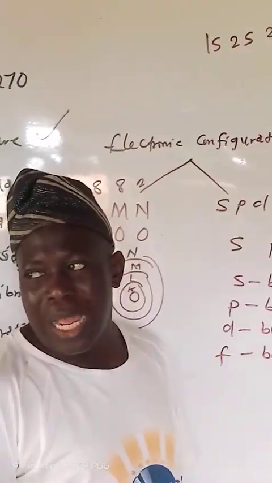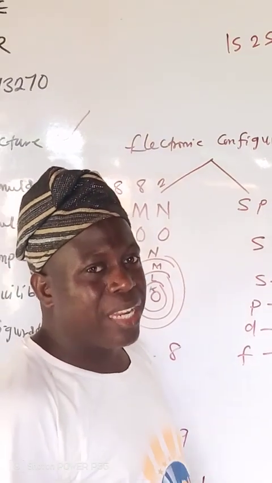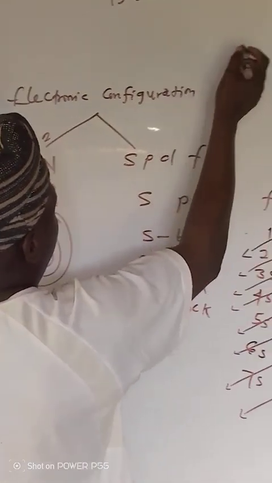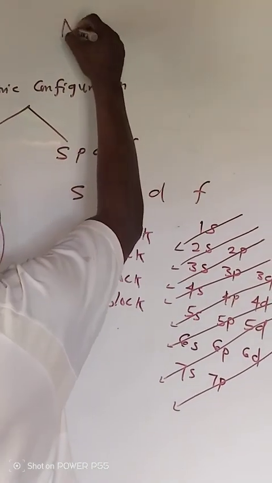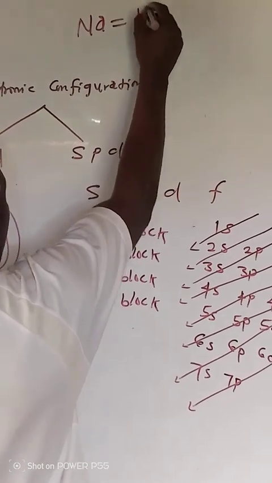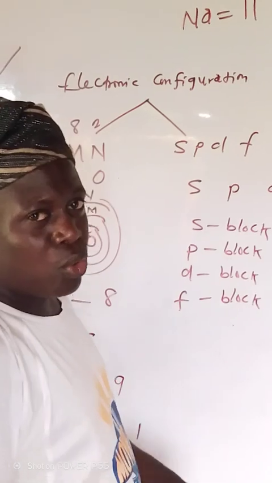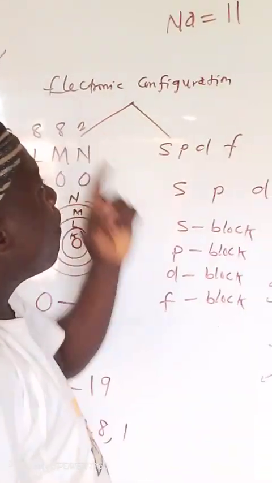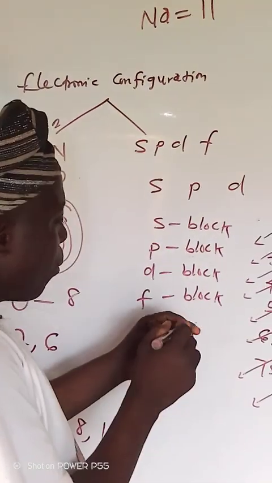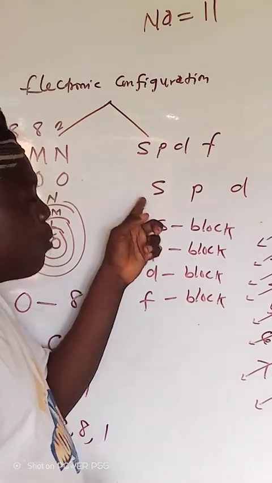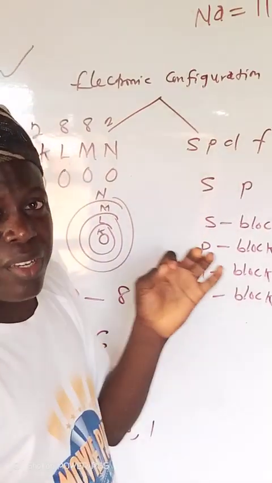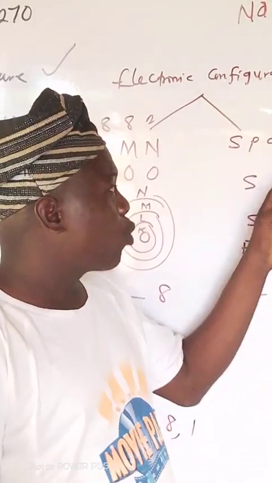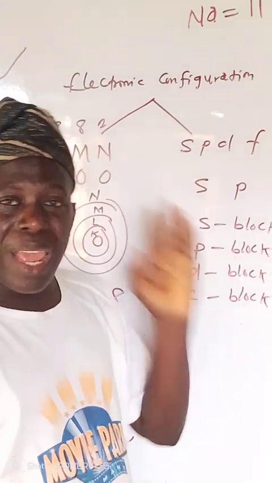Now, let's assume that the questioner asks us to write the electronic configuration of any element. Let's assume we are given sodium, whose atomic number is 11. We are asked to write the electronic configuration of sodium. Mind you, whenever we have S block, the maximum number of electrons it can acquire is 2.